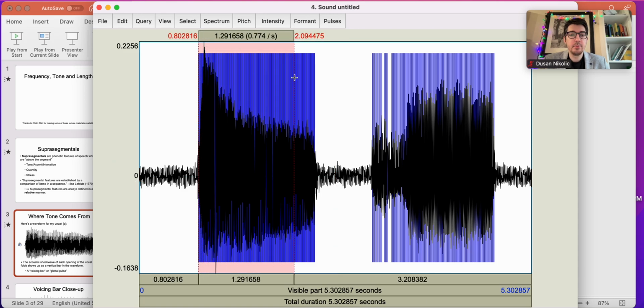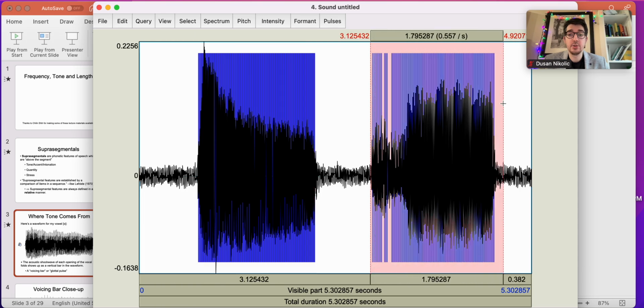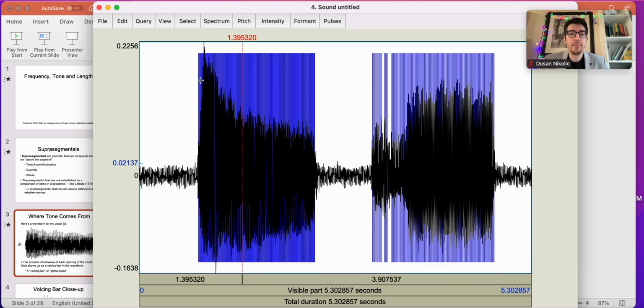As you can see, the pulses of the first one in comparison to the second one are much more squeezed, meaning that the cycles are repeating at a faster rate, right?